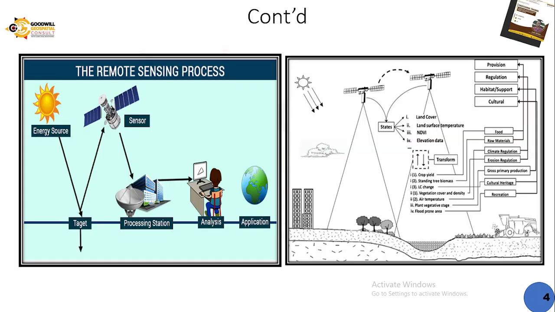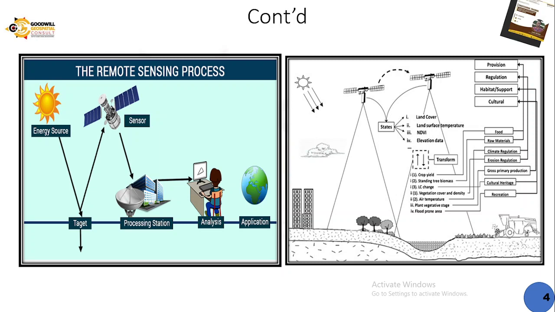Now let's look at the remote sensing process, specifically the passive remote sensing process. The passive remote sensing process requires an external source of energy or an external source of stimuli. So this here is our sun. Our sun generates an external source of stimuli in the form of solar radiations.